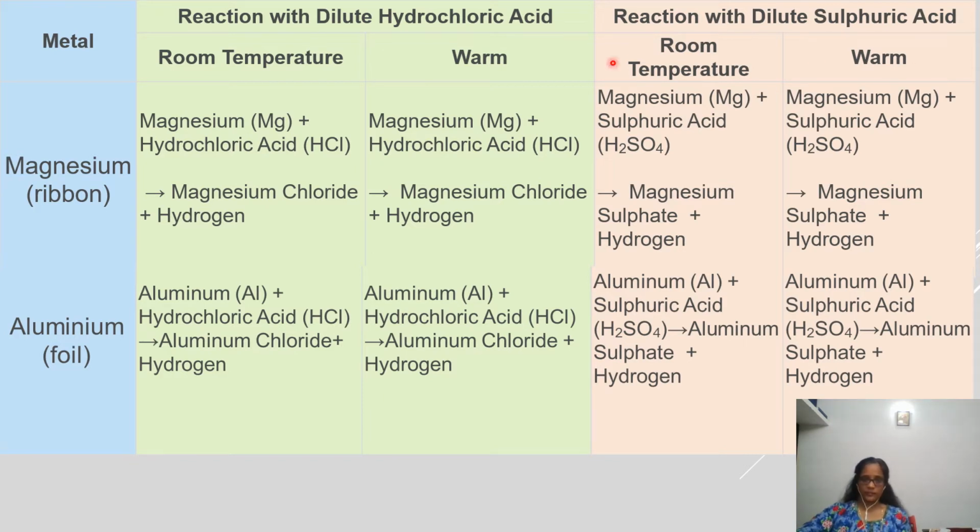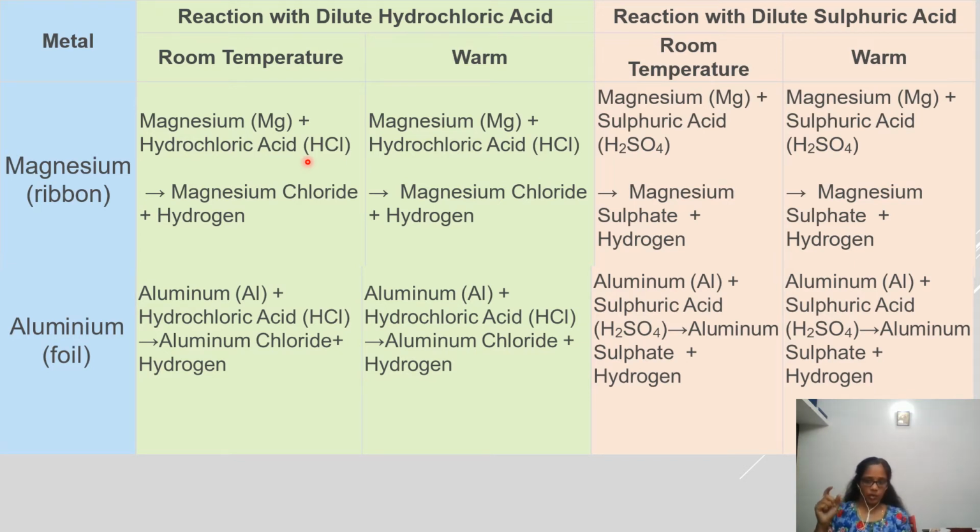We will see that. So first, magnesium at room temperature. Room temperature means, now this is the room temperature. So at room temperature, magnesium reacts with hydrochloric acid. So how do we do that test? We take one test tube and add a little amount of hydrochloric acid and put a small piece of magnesium ribbon into it.